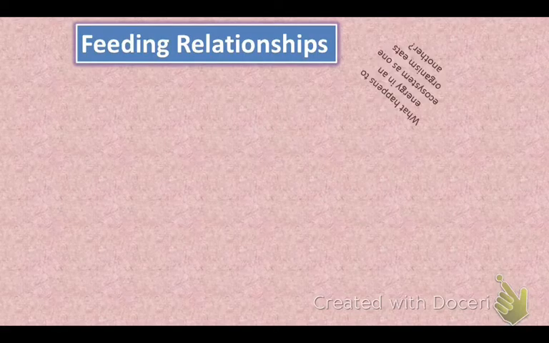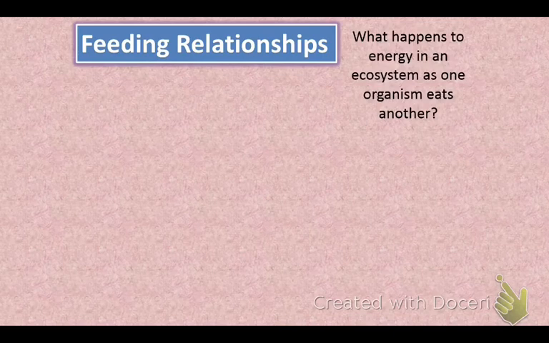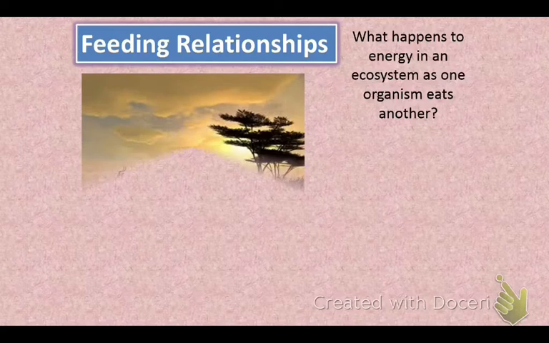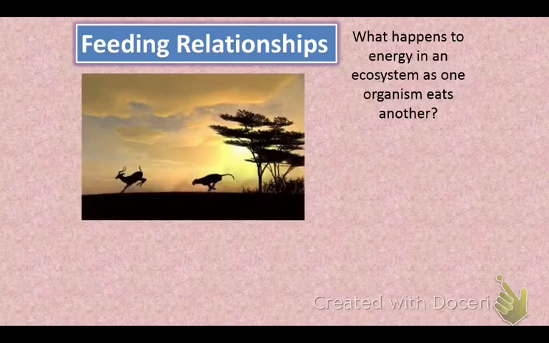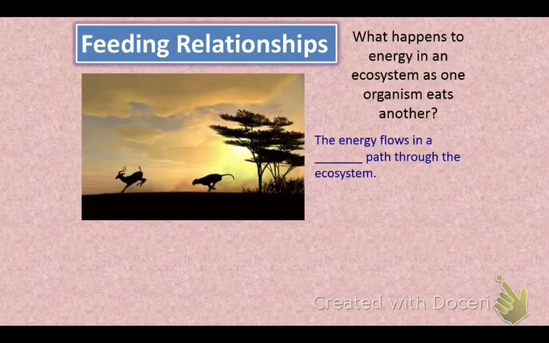All right, feeding relationships. What happens to energy in an ecosystem as one organism eats another? Right? When you have steak, or when this cheetah hunts down that gazelle, the energy flows in a one-way path through the ecosystem.